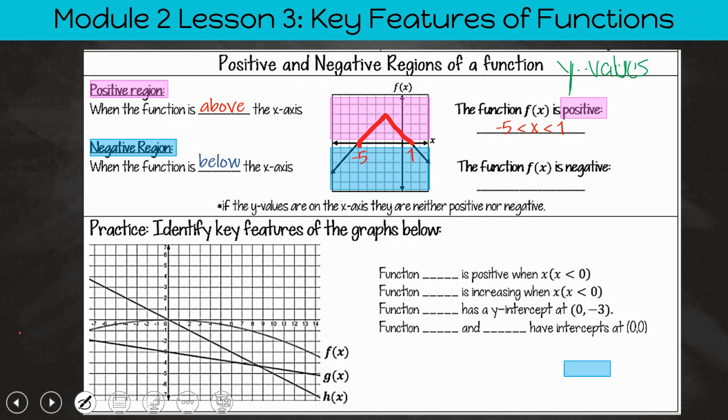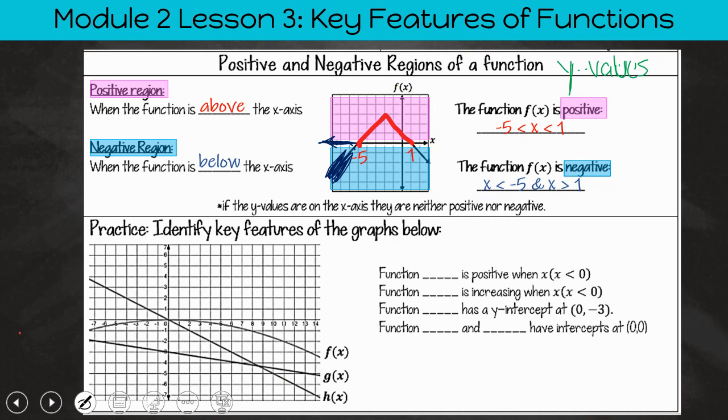Now, the negative region of the function could then be listed as when x is less than -5, that's when I'm down here in the negative region of my coordinate plane.